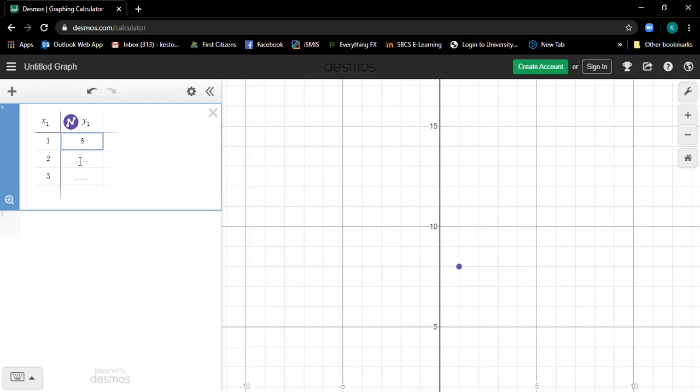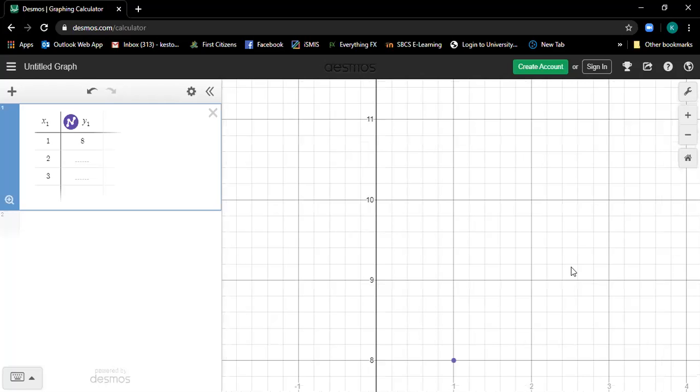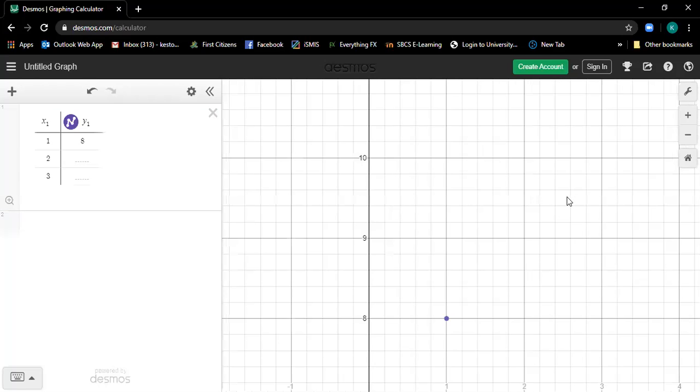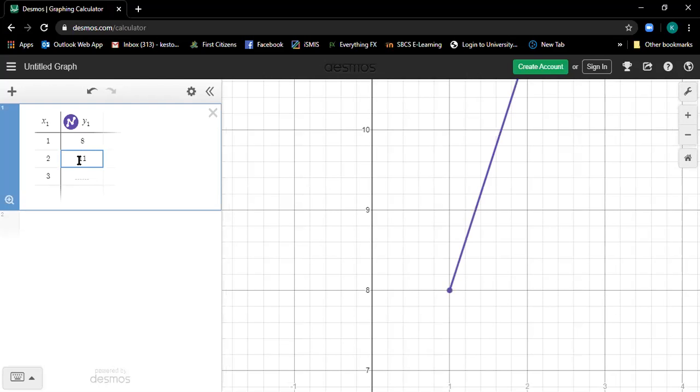I don't know if you can see it. Maybe I could just zoom my graph in a bit. So that's that there. When x was 2, y was 11. And then when x was 3, y was 14.